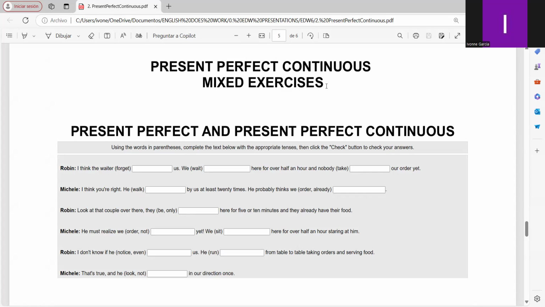They have been only here for 5 or 10 minutes and they already have their food. Here we put it in between because here the verb is have, but here we need to put it after the verb to be.